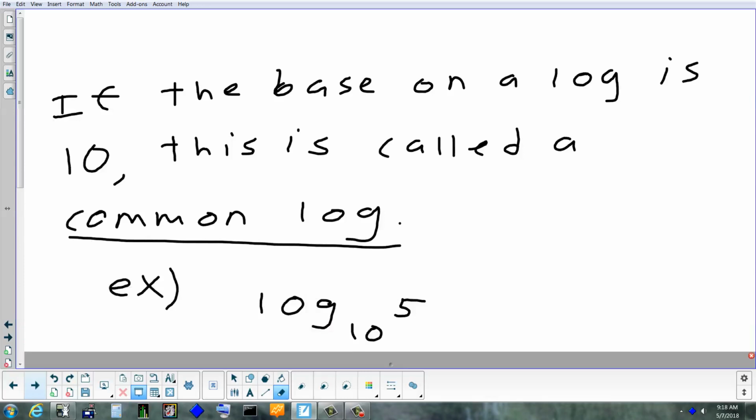So there's an example of a common log. You could pronounce that log base 10 of 5. Or if you said to me, take the common log of 5, I would know what the base is because you said common log. If you said to me to take the natural log of 5, I would still know what the base is. Okay, that's e. This is 10.